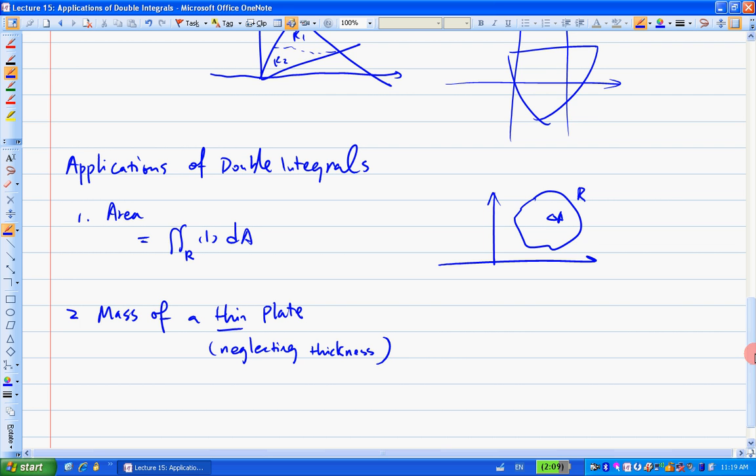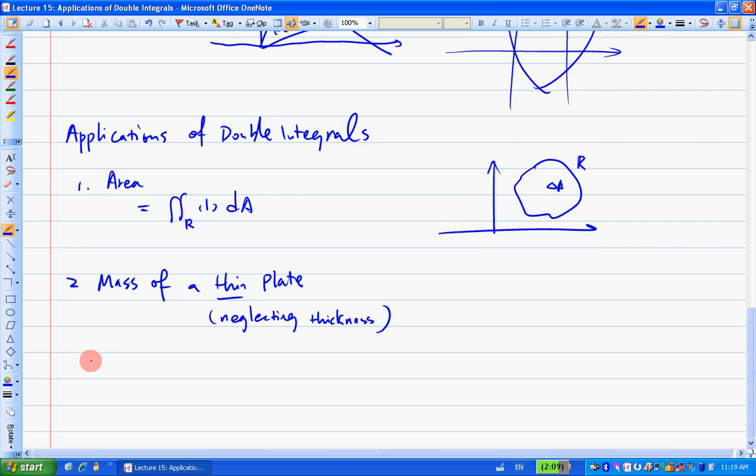Okay? Yeah. So in this particular case, you calculate mass. You need a density function, right? Delta. So let's define this as a density function. Now, density function doesn't mean it's a constant. It can be a function, variable density. So in other words, the delta here can be a function of x and y, right? It can be a function of x, y.